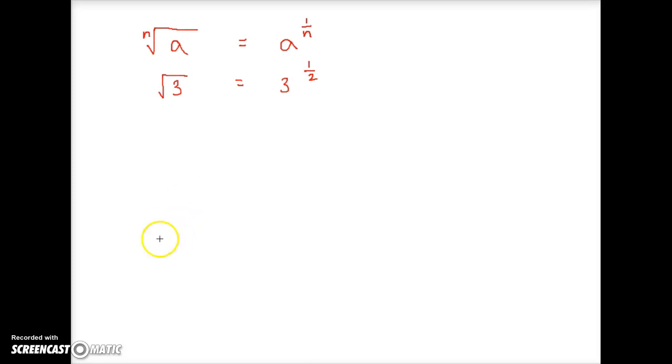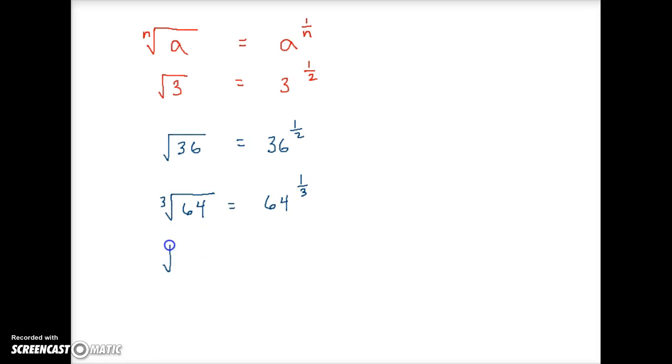Same thing, we can look at a few other examples. We can say the square root of 36 is equal to 36 to the 1/2 power. We can also say the cubed root of 64 is equal to 64 to the 1/3 power.